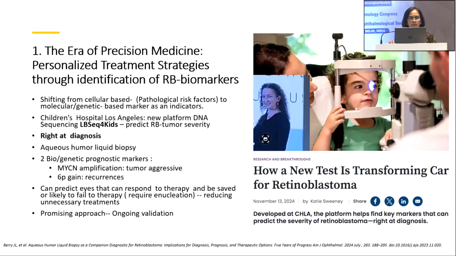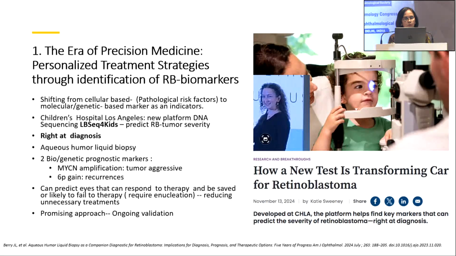They take the aqueous humor liquid biopsy and run it on the new sequencing platform at diagnosis. This predicts two biogenetic prognostic markers: MYCN amplification, which predicts tumor aggressiveness, and the second marker is the 6p gene, to predict the potential recurrences of the tumor.